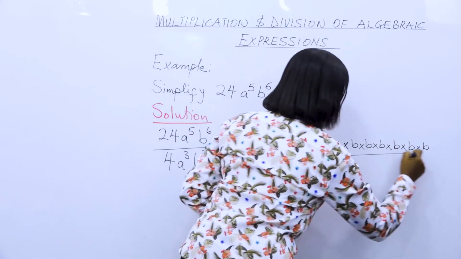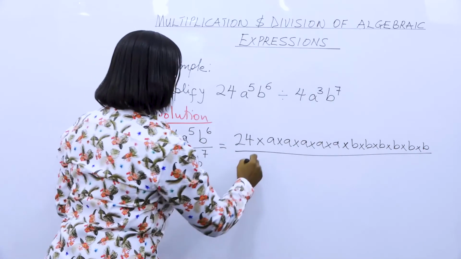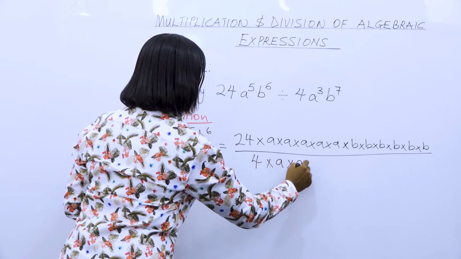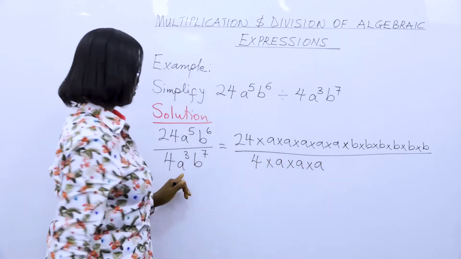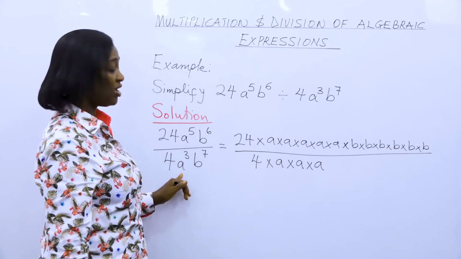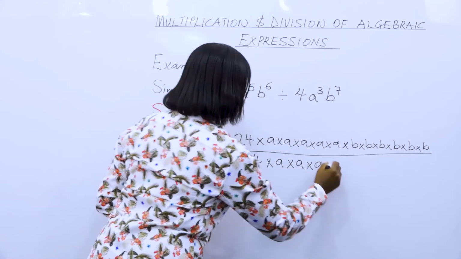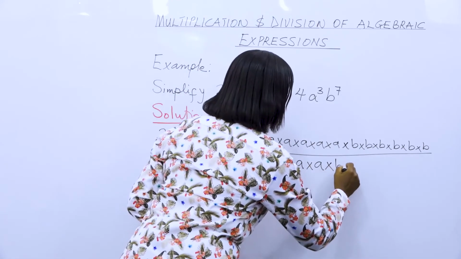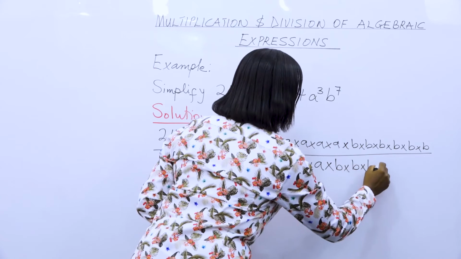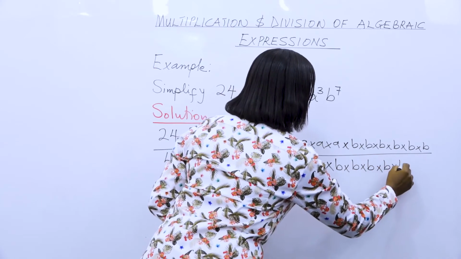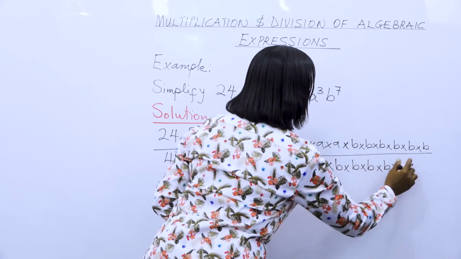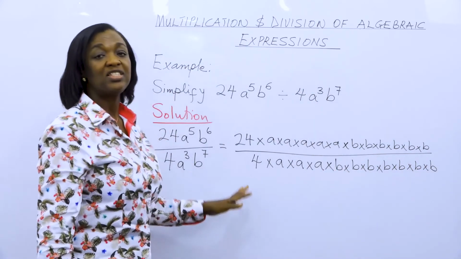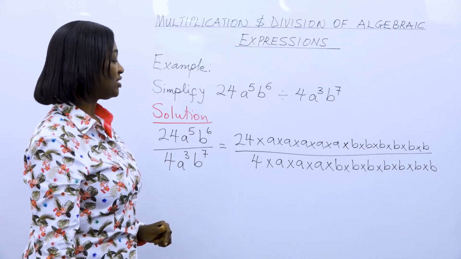And then over 4 times a times a times a, that's our a to the power 3, times b to the power 7, which is b times b times b times b times b, 1, 2, 3, 4, 5, 6, and then 7. This is the layman's way of doing this.